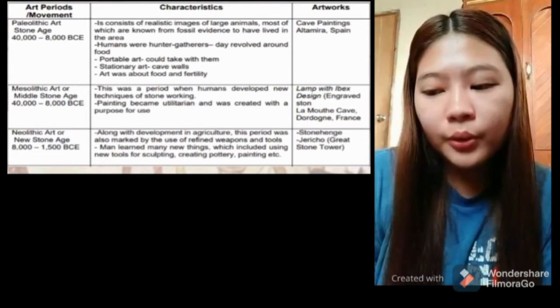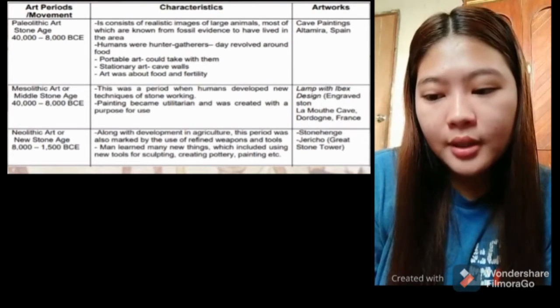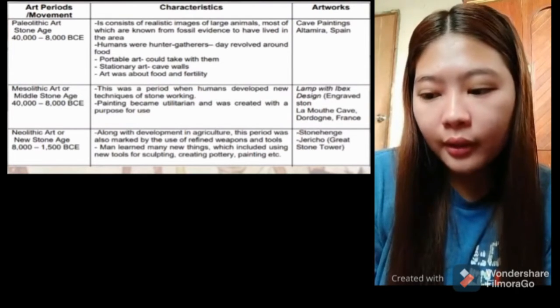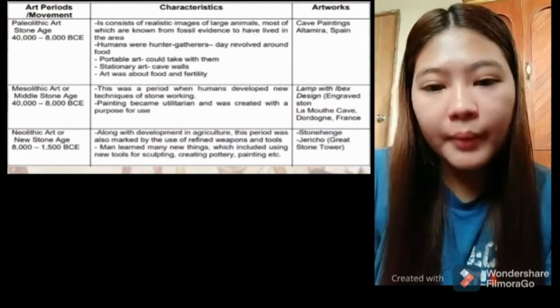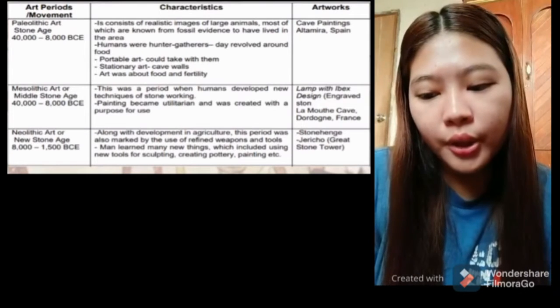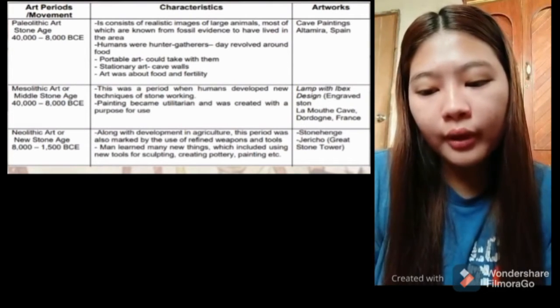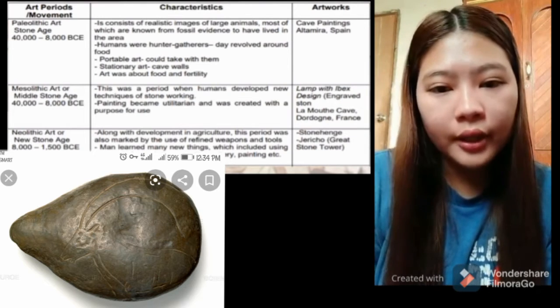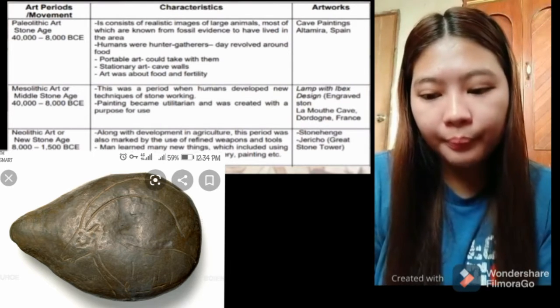This was a period when humans developed new techniques of stone working. An example of Mesolithic cave painting is the Argentinian Cueva de las Manos, or Cave of Hands, in the valley of the Pinturas River.